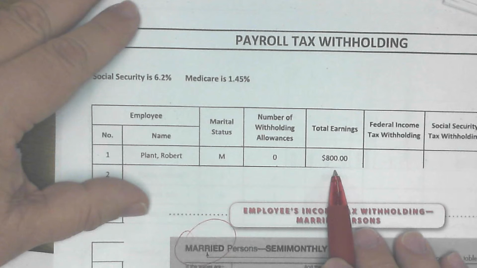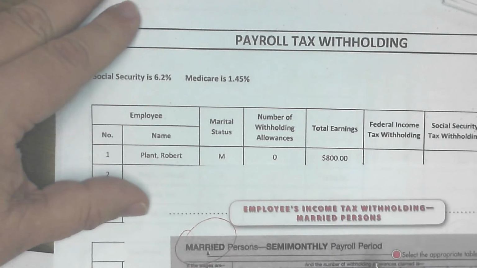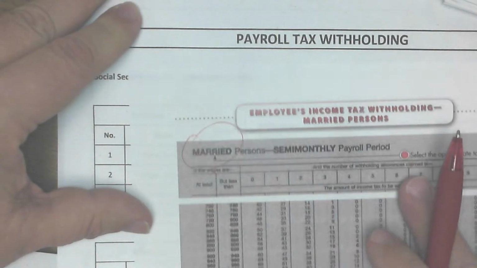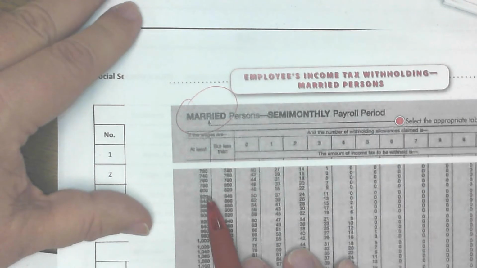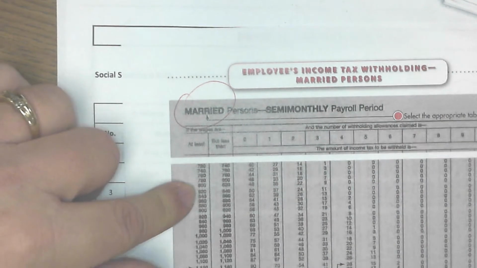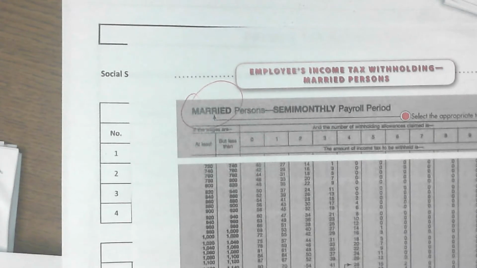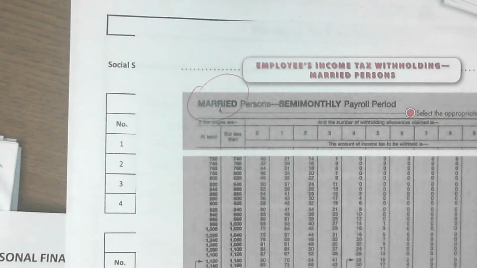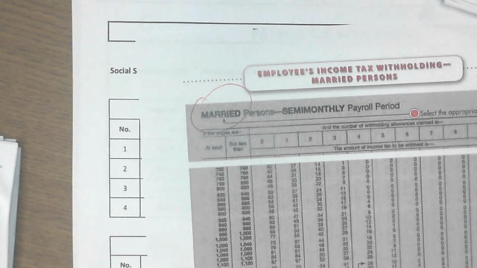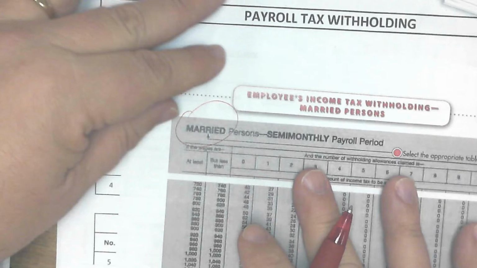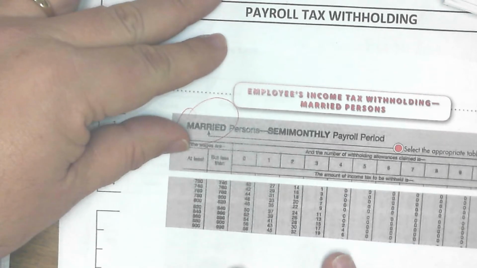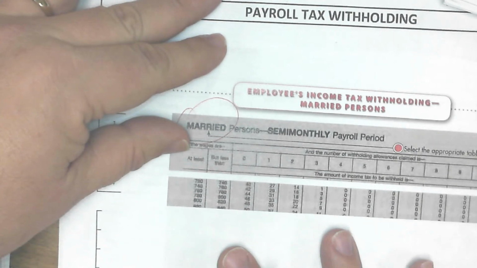So we'll look at the chart on the side. So we'll find 800.